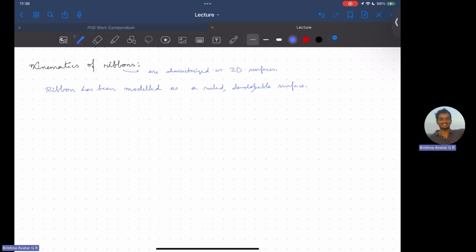Right? So let's look at the kinematics of ribbons here.